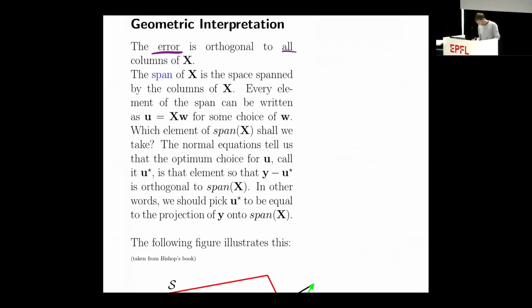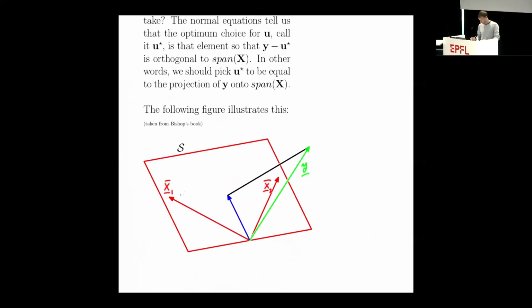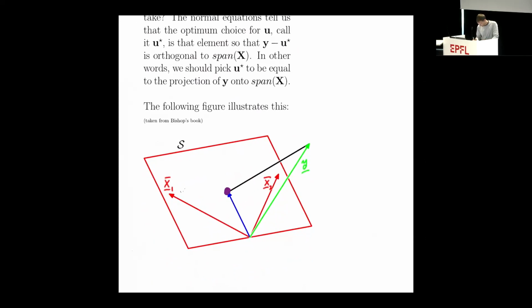So that's why these are the objects which are orthogonal to our error vector E. And if you want to illustrate this a bit better, the error vector is this thing here, which goes from Y to X times W. So here is X times W. And this is the error vector, because it's Y minus XW.